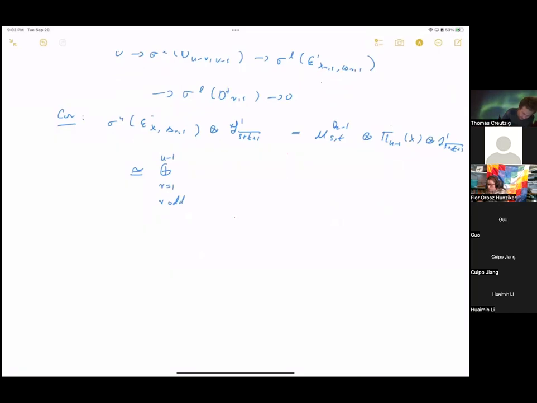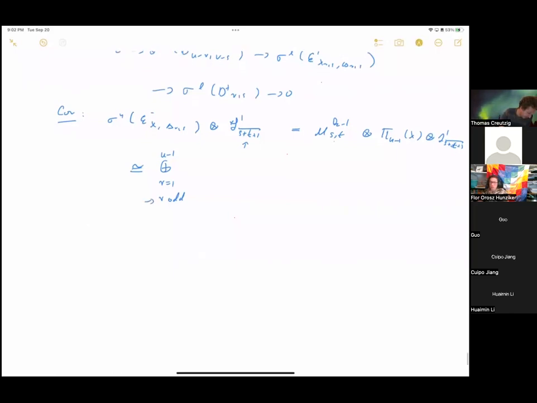And I only used this funny labeling of the SL2 level 1 module so that I can always do the summation here over R odd.